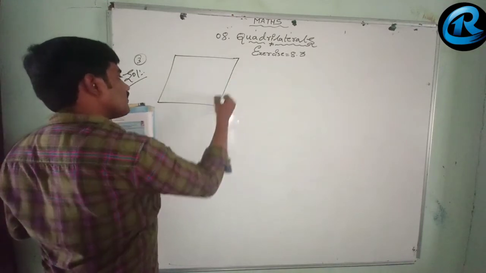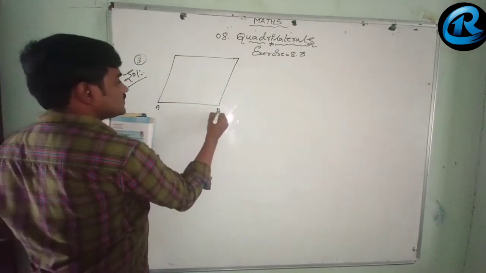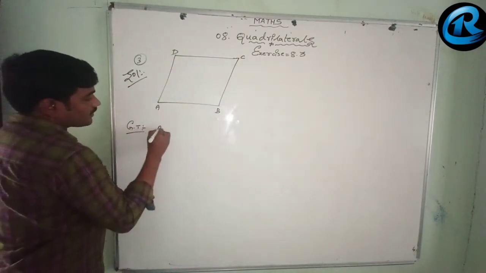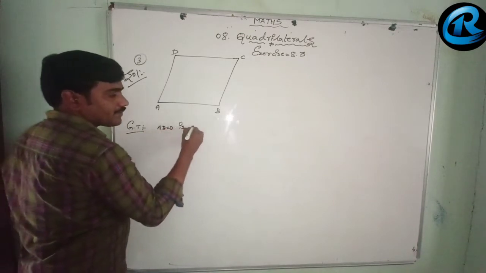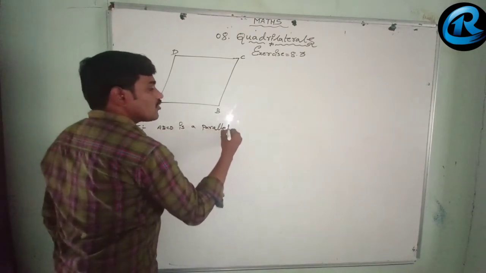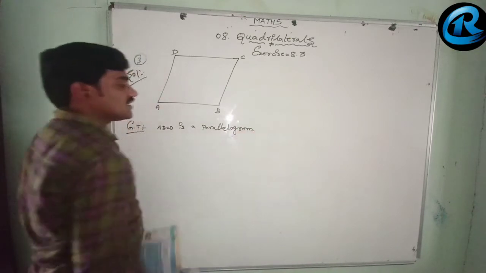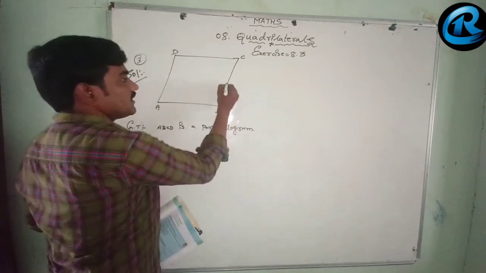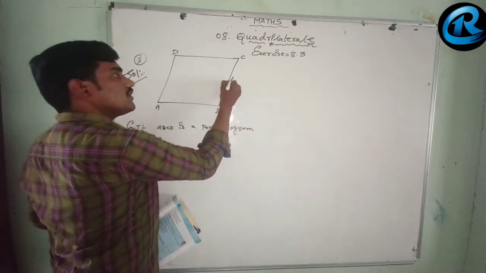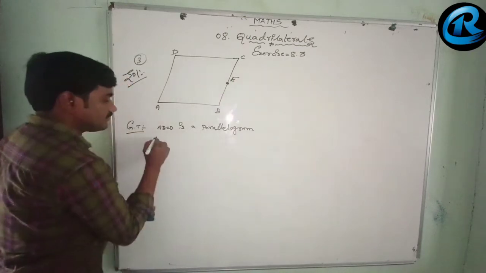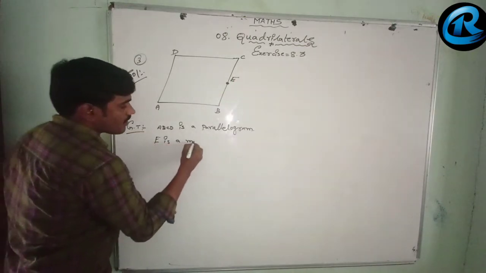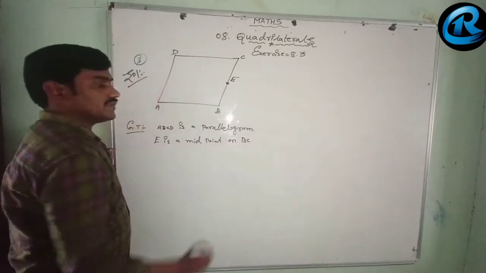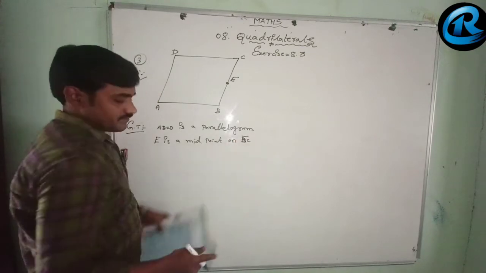Given that ABCD is a parallelogram, and E is a midpoint on BC.